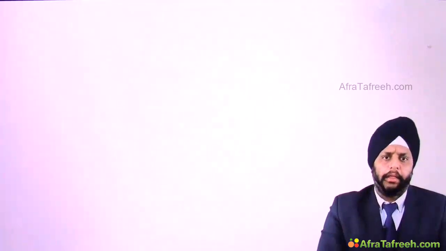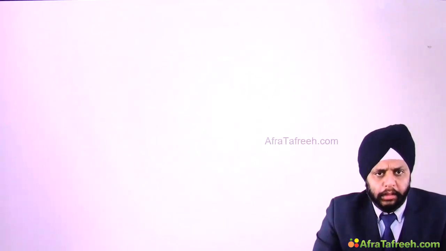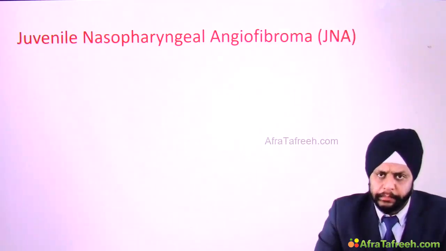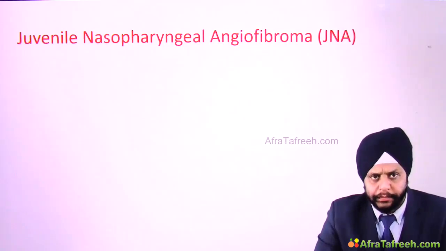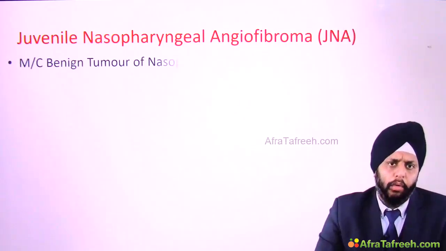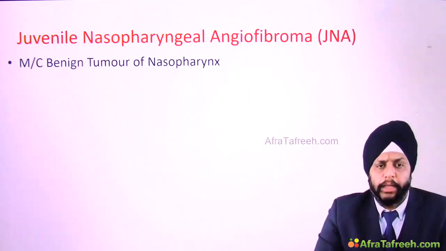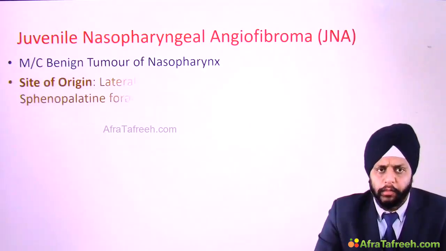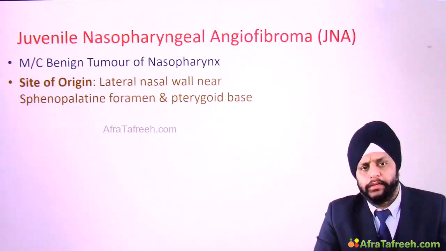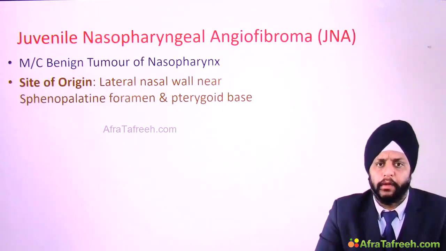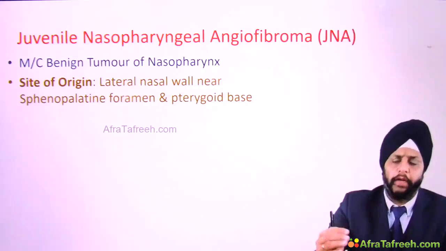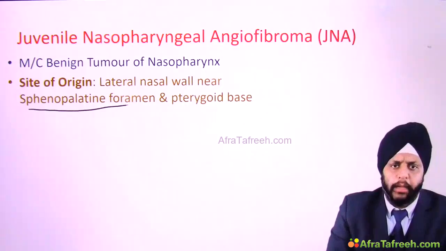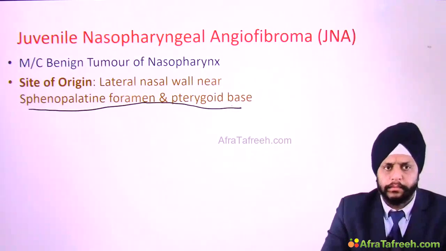Okay, let's come to the next disease, juvenile nasopharyngeal angiofibroma, also known as JNA. This is the most common benign tumor of the nasopharynx, and the site of origin is the lateral nasal wall, the posterior end of it, near the sphenopalatine foramen and pterygoid base.